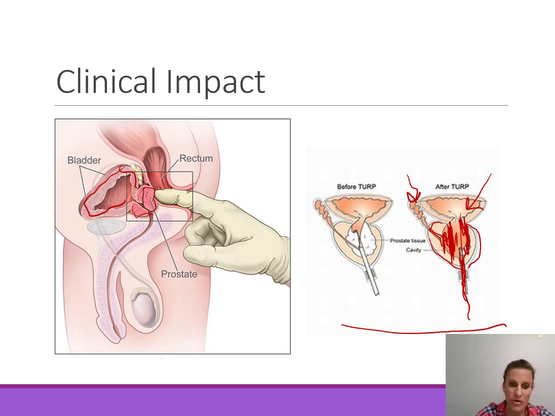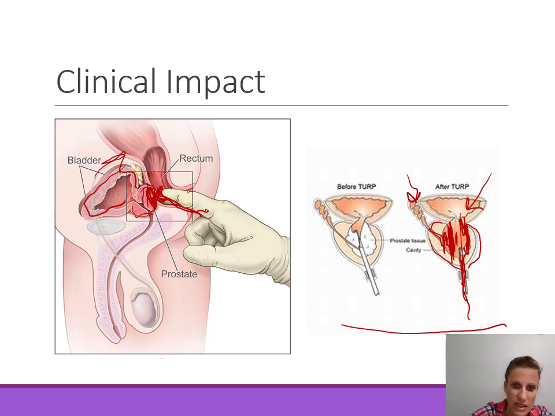We said that prostate cancer is typically in the posterolateral portions of the prostate, so back in these regions of the prostate. And then again, just posterior to the bladder and prostate is the rectum. So by inserting a digit into the rectum, you can palpate the regions of the prostate where cancer is most likely present.